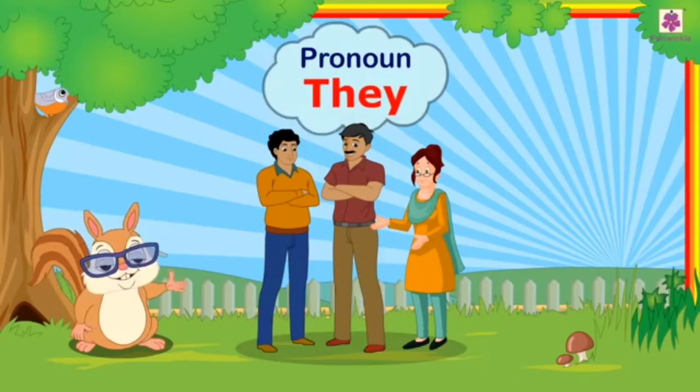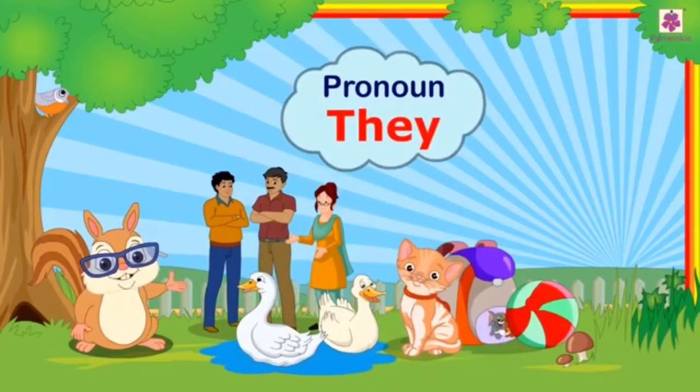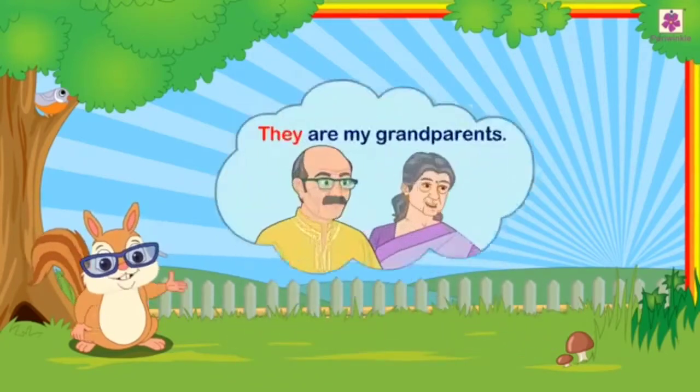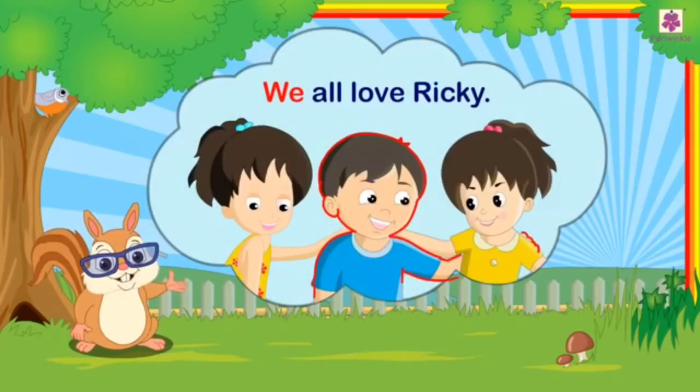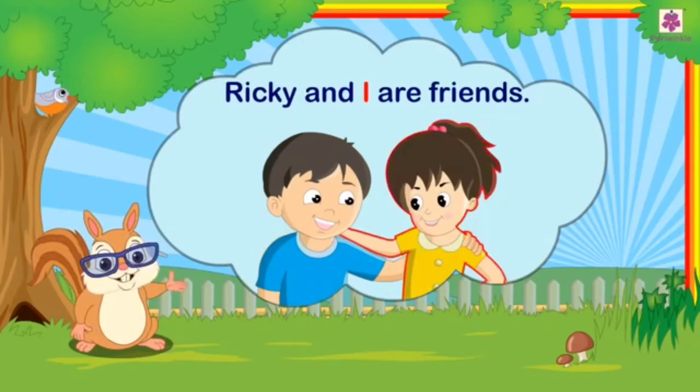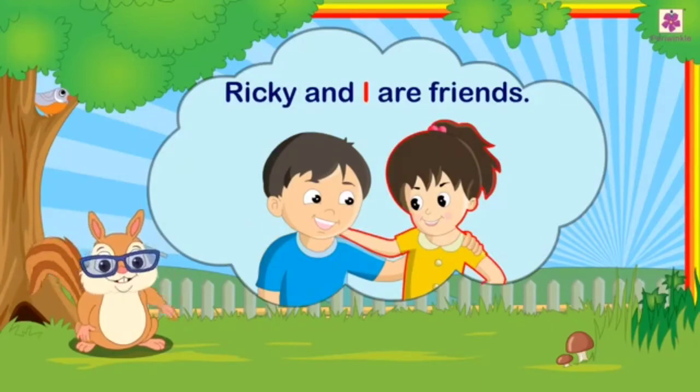They is used for more than one person, animal, or thing. For example, they are my grandparents. My grandparents are old. We all love Ricky. Ricky and I are friends.